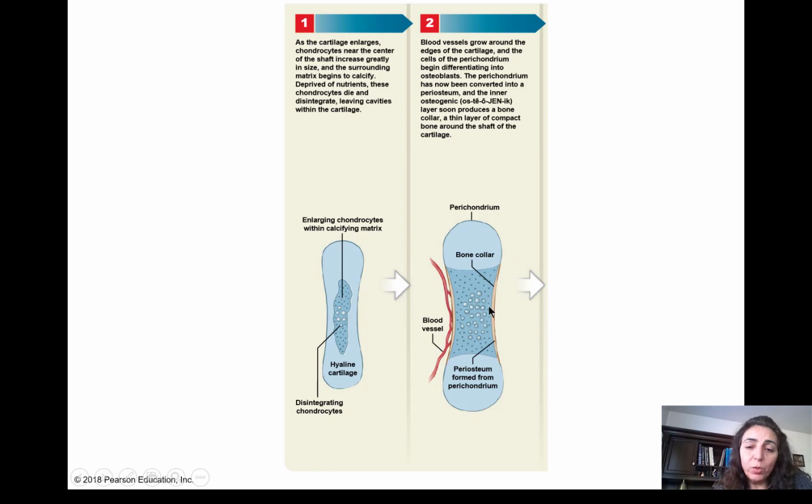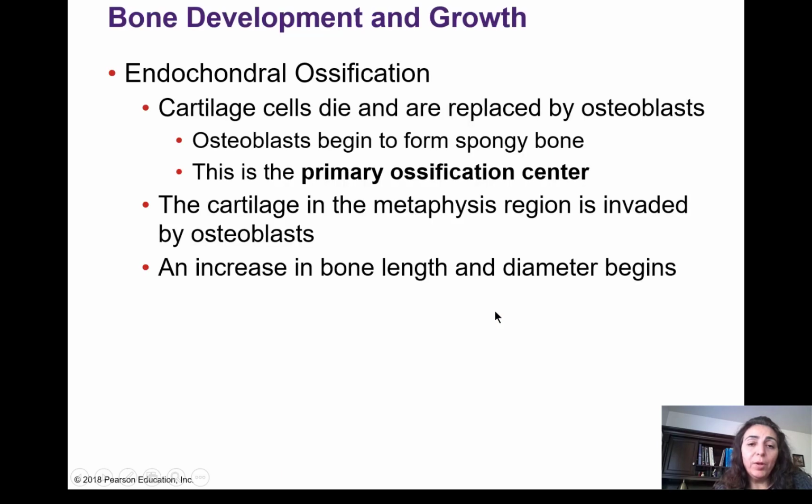Some cells outside become bony cells like a collar around the bone, and finally they become periosteum, which has been formed from the perichondrium around the cartilage. Now they're changing to bone cells and become periosteum. And the cartilage cells die and are replaced by osteoblasts.